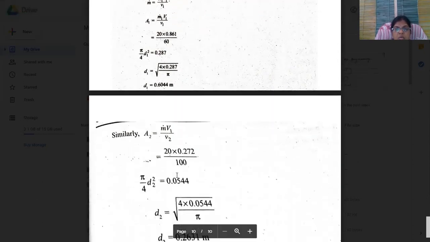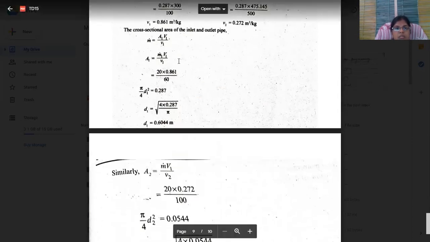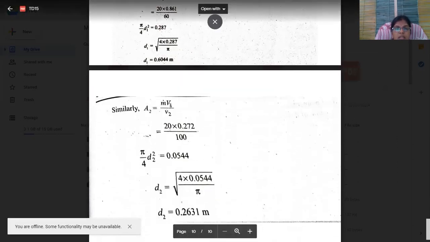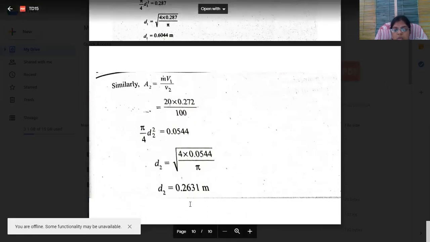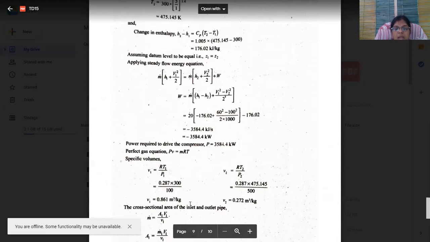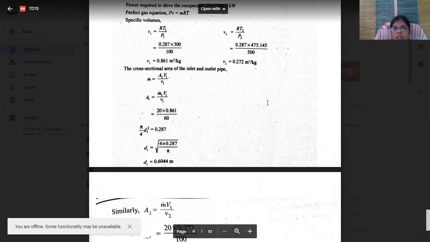Similarly, A2 is equal to m dot into specific volume V2 by velocity v2, and the area is nothing but pi by 4 d2 square. Finally, we get this value, and get the value for d2. So finally, we have calculated the work done of the compressor and the diameters of inlet and outlet. Thank you, students.